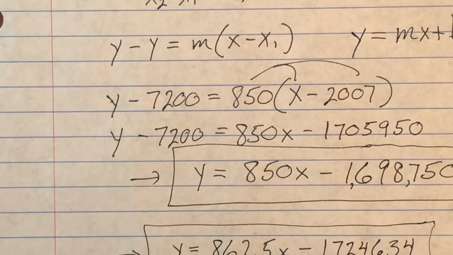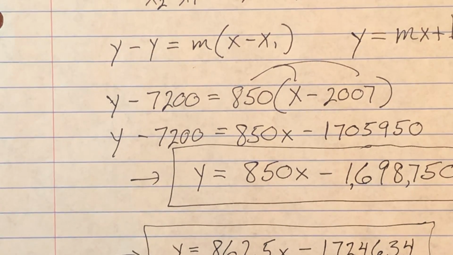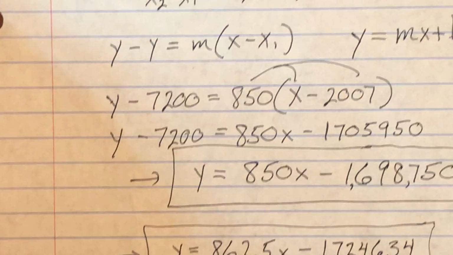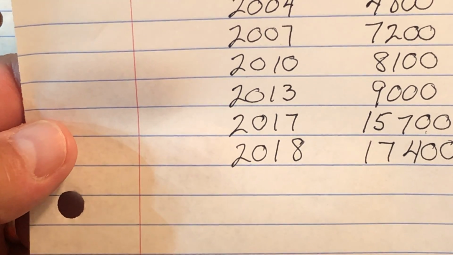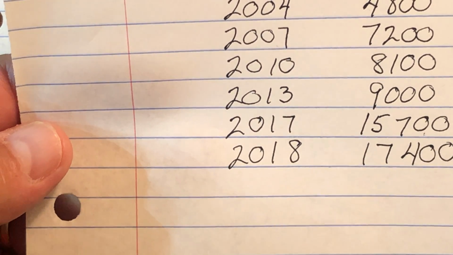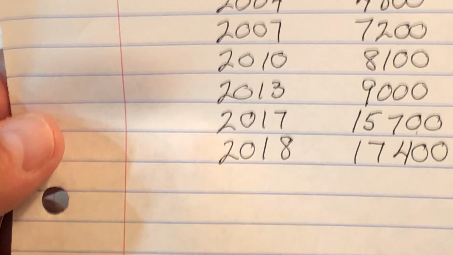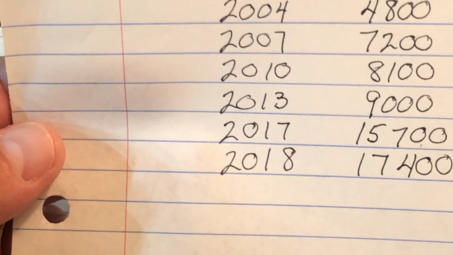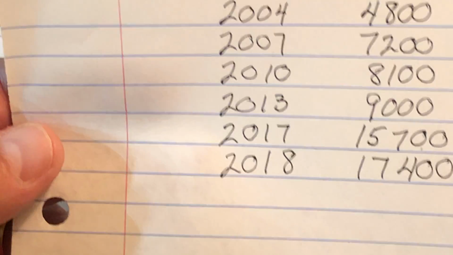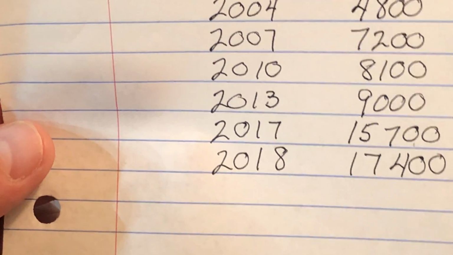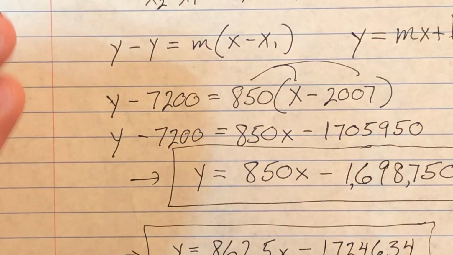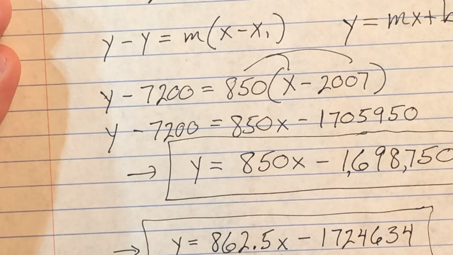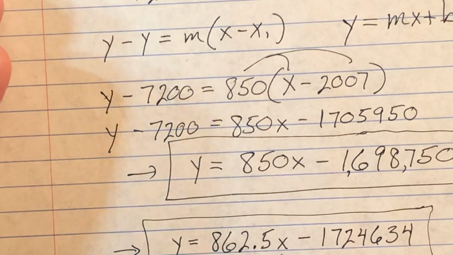So you might say, well, how can I use this then? You can use this to make predictions. For instance, one car that we did not have on here was a 2015. We had a 2013, we had a 2017. Let's say you found a 2015 and you wanted to see if the price that they were asking was in line with what they should be asking. So all you'd have to do is take the perfect one here and plug in a 2015 right there.